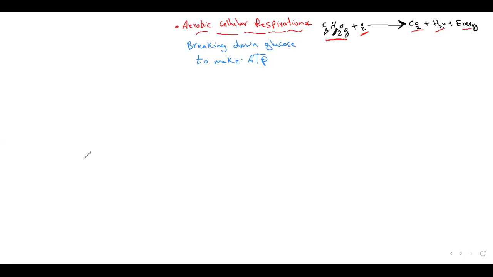So we breathe oxygen, and with the help of the oxygen, we break this glucose molecule. And what do we get? We get the energy from food, and we release in exhaling. When you are exhaling, you're releasing carbon dioxide and water vapor, right? So this is cellular respiration, okay?